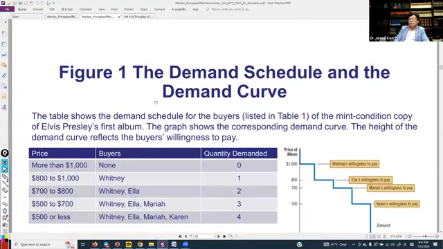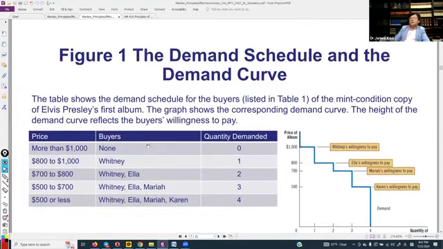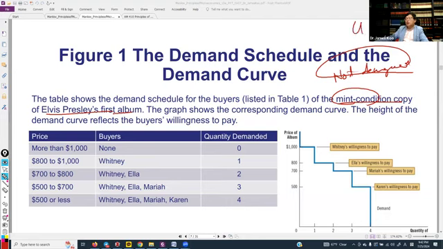Here is the figure. Can you find it? The demand schedule and demand curve. The table shows the demand schedule of buyers for a mint condition first album of Elvis Presley. Mint condition means not damaged, but used.